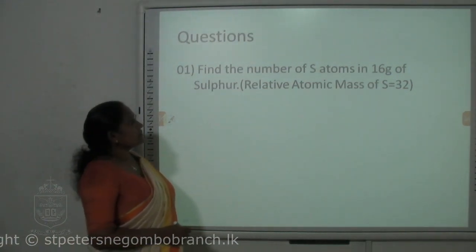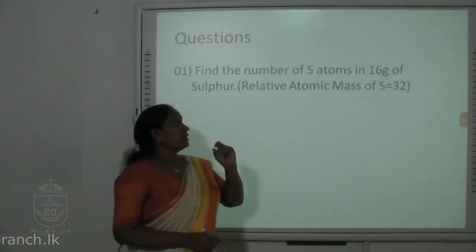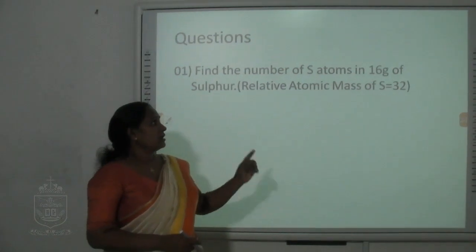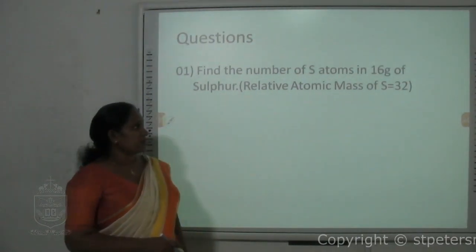Find the number of sulfur atoms in 16 grams of sulfur. In this question, the relative atomic mass of sulfur is given. Relative atomic mass of sulfur is 32.